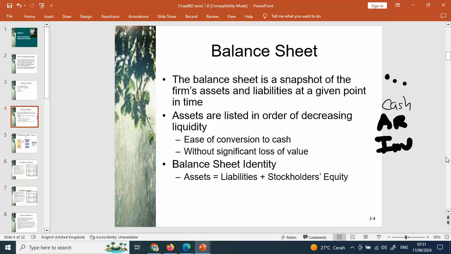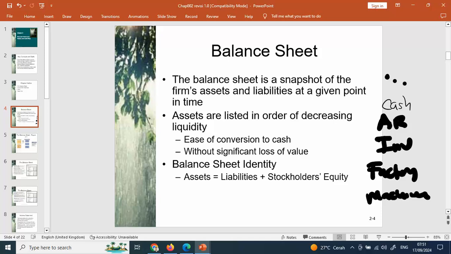What else? Long-term assets. What are the long-term assets? Machineries, factories. When you want to sell your factory as an asset, it will take very long.